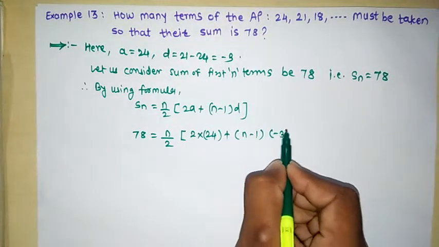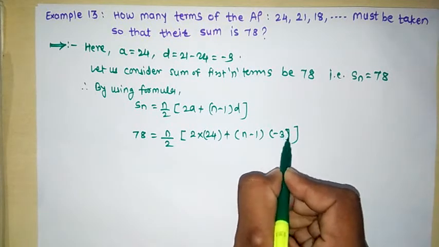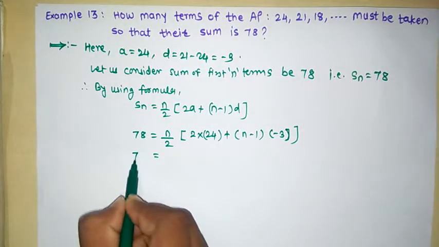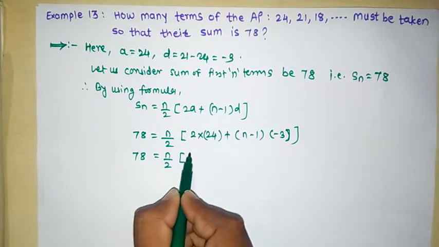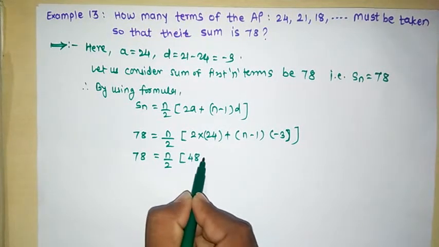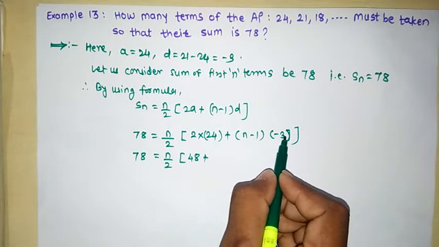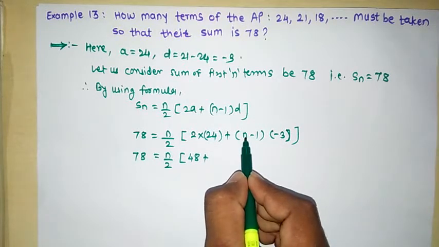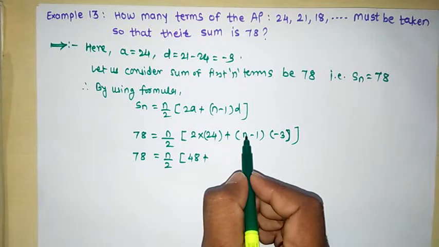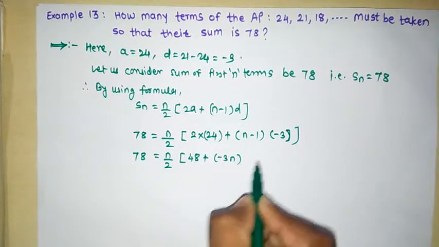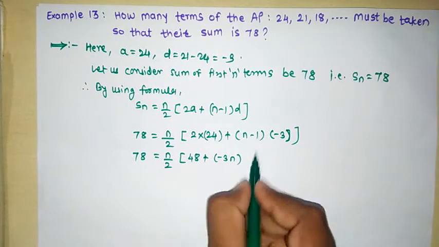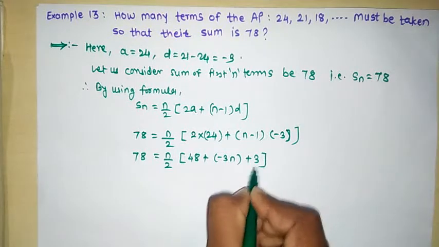D is minus 3. Close the bracket. Now 78 as it is equals n by 2 into 2 into 24, that is 48 plus minus 3 into n, it will become minus 3n. Minus 3 into minus 1 will become plus 3.